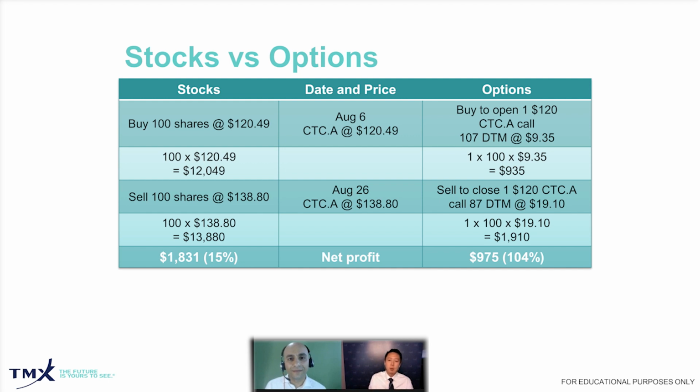The stock trader would be down $20 per share, or 17%, whereas the call buyer holding that call option will become out of the money. If it remains out of the money by expiry, then the investor is going to lose 100% of how much she paid to acquire that option, which is $935.